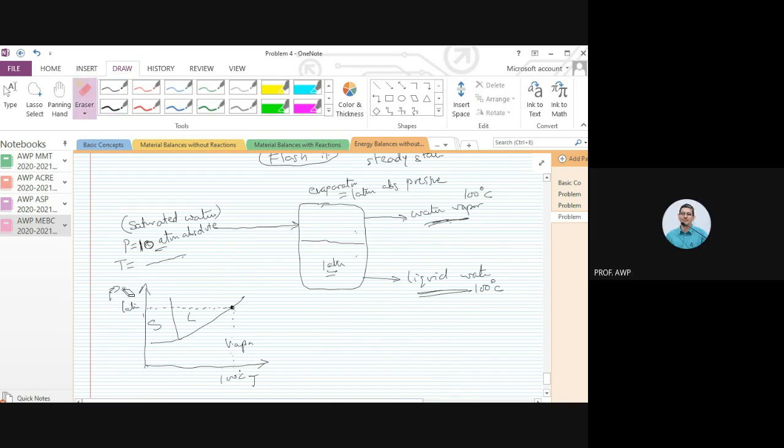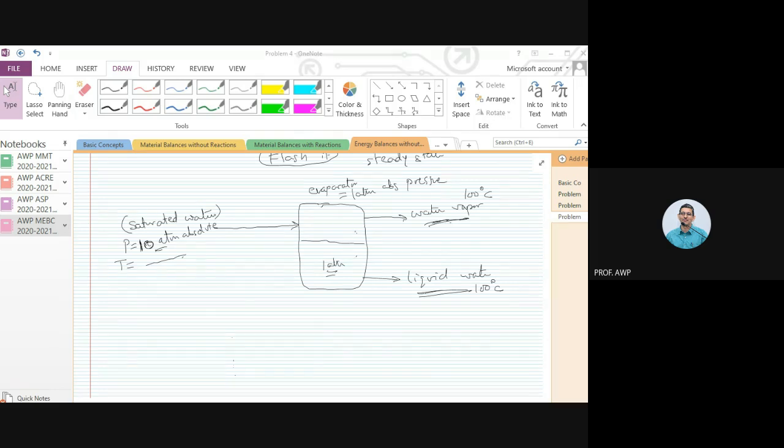Yes, sir. Okay. Now, do you people have steam tables with you, or should I share the steam tables on screen? Please share it. Yeah, but then you should download it for yourself from Google, because now I have to write the values also on the problem.